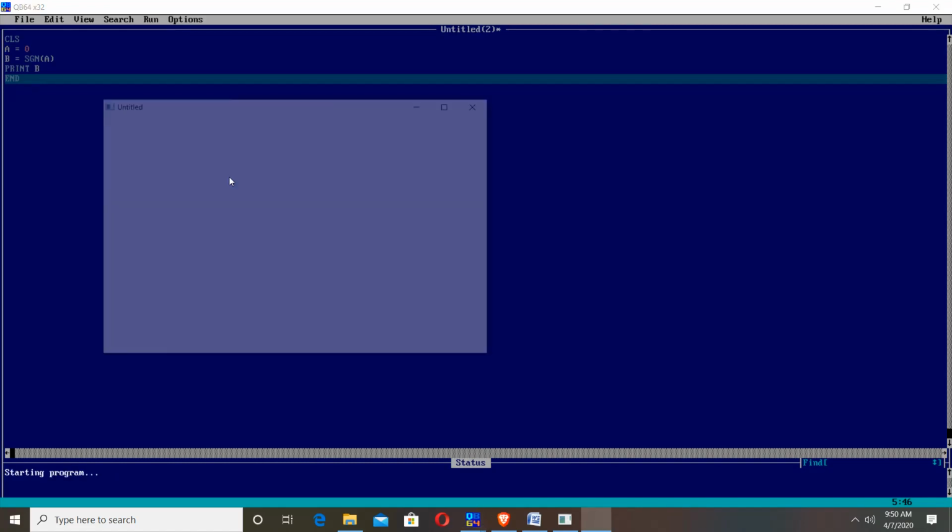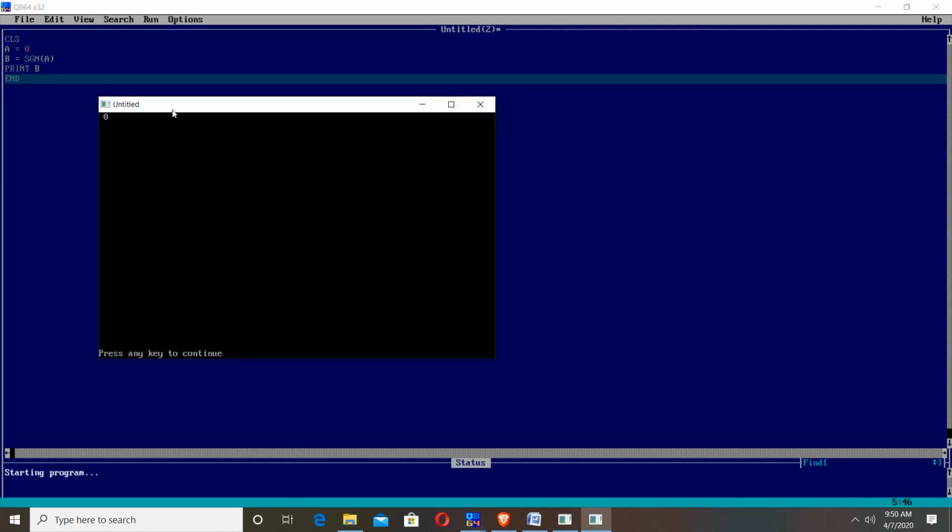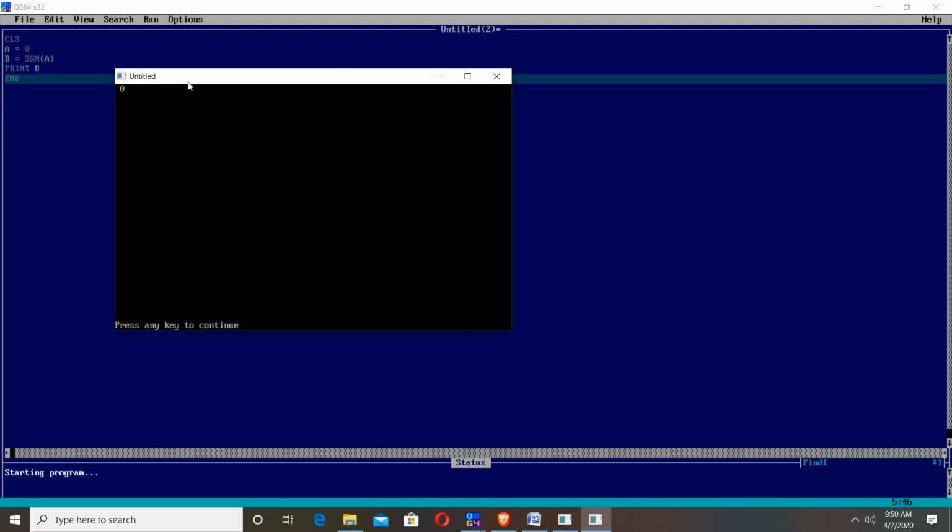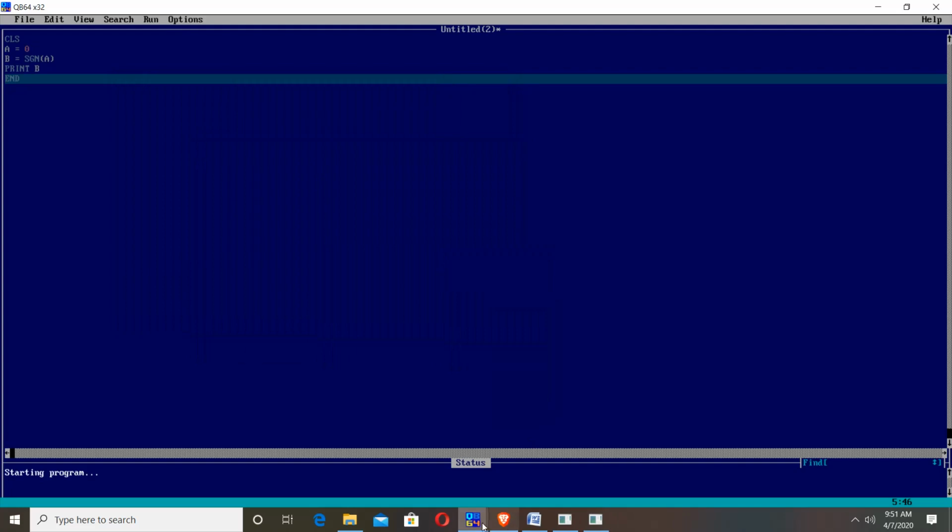It should be 0. Yeah, it is 0. So whenever you enter any positive number, sgn retrieves 1. Whenever you enter any negative number, it retrieves -1. And whenever you enter 0, you will get the output as 0. Okay, so this is all about the sgn function.